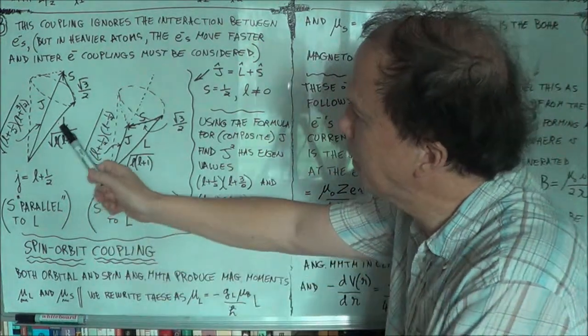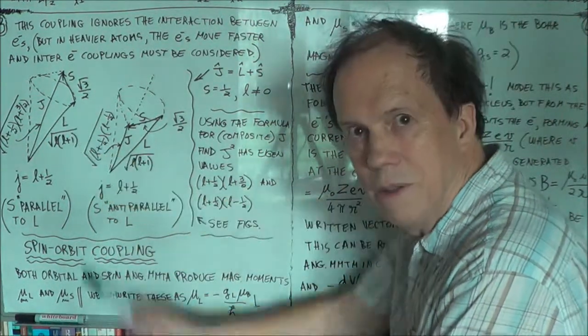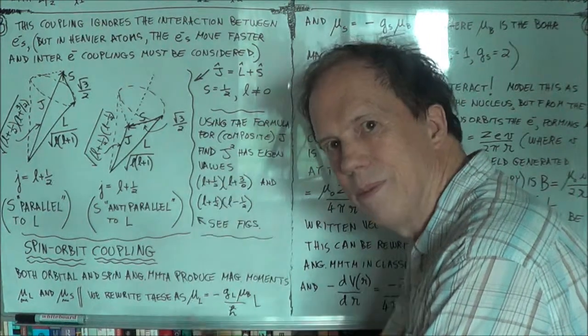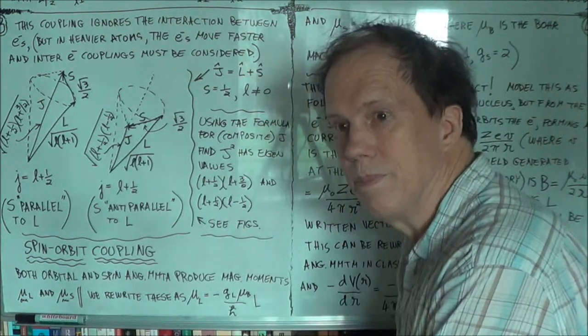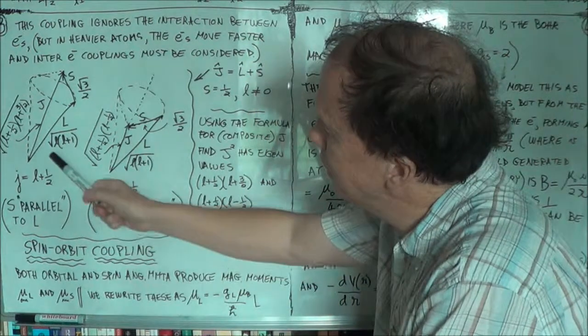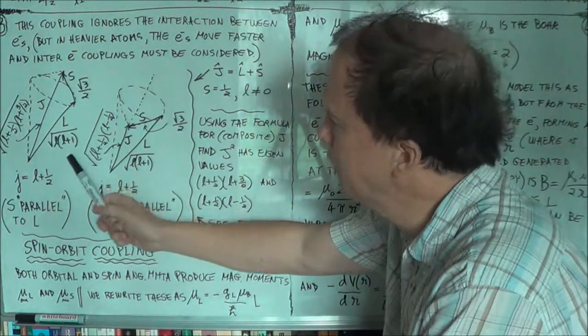Now the eigenvalue for L hat squared is l(l+1), you probably remember.